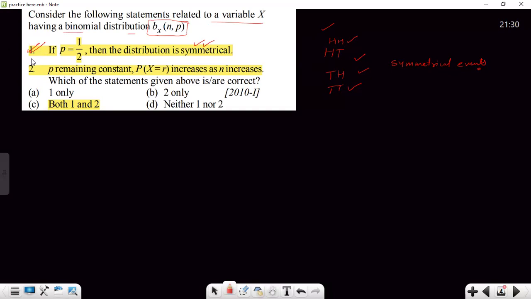Now coming over to the second statement, that P remaining constant, the probability distribution, that is nCr, p raised to r, q raised to n minus r, increases as n increases.